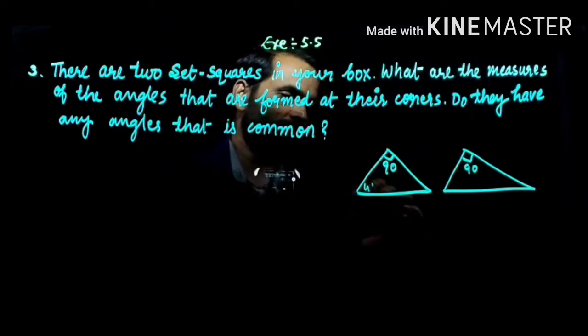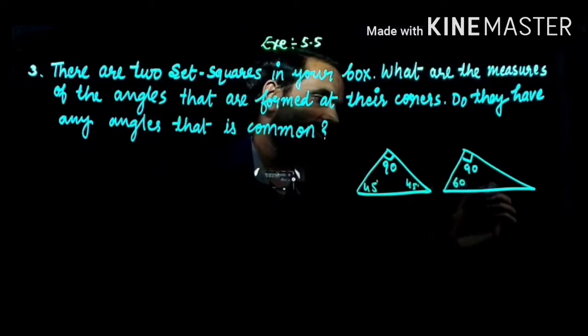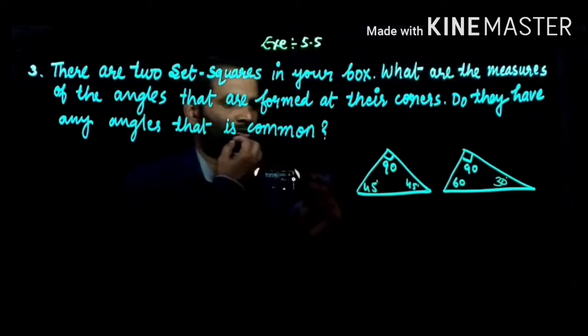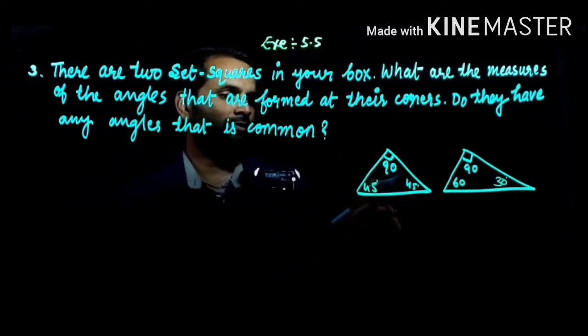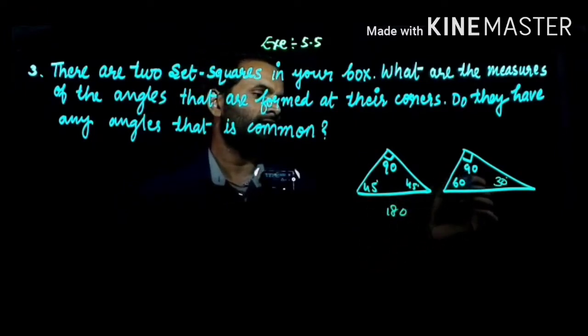So this is 45, this is 45, this is 60 and this is 30. Because both are triangles, the sum of all angles is 180. 90, 45 and 45 sum to 180, and 90, 30 and 60 is also 180.